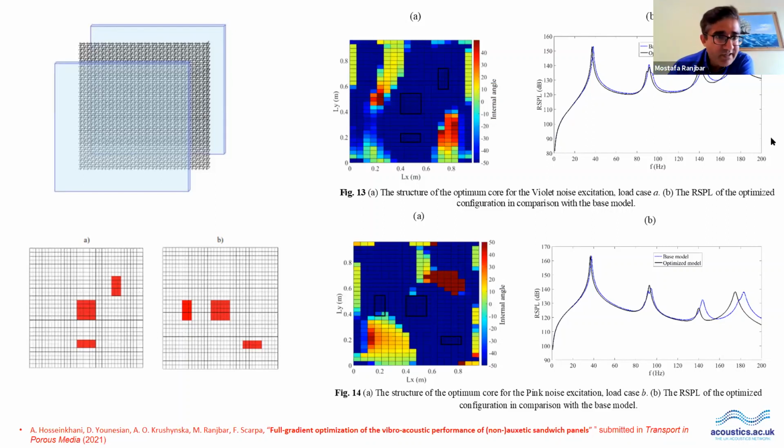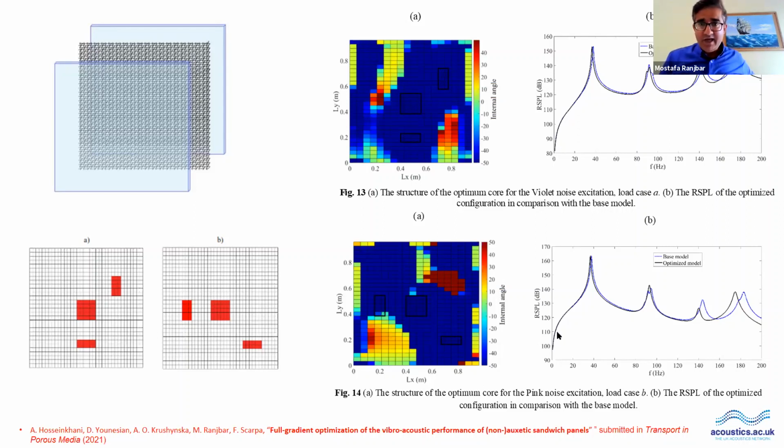Here you see the internal angle of each cell can be changed freely, from -50 to 50. When it is 50, it is a classical honeycomb. When it is negative, it is an auxetic.